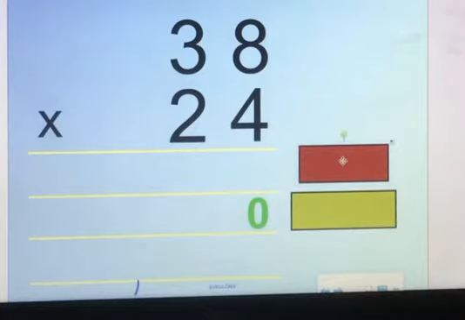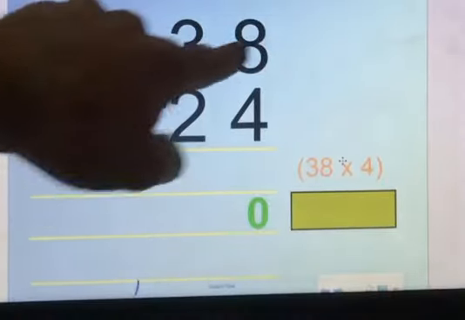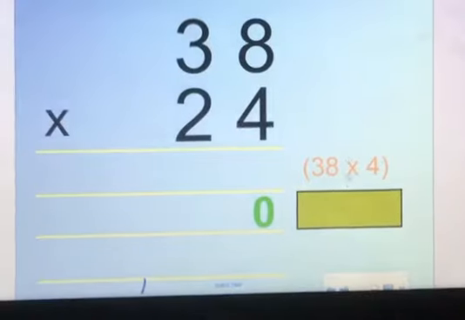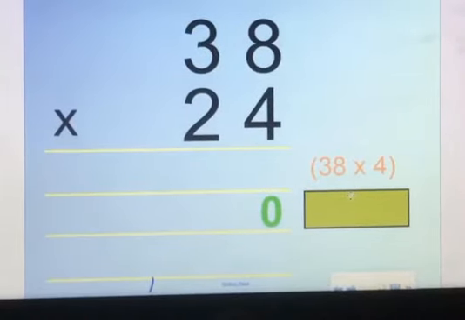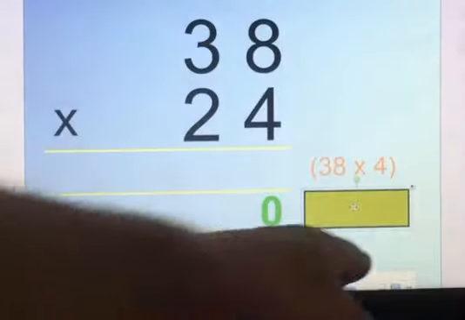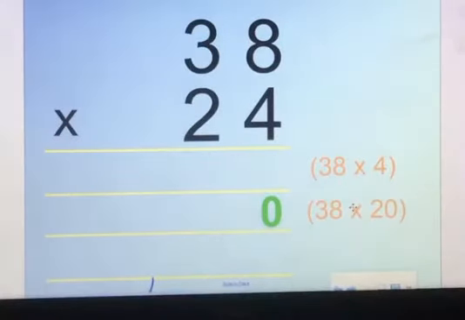And what do you think is under the red rectangle? It's actually 38 times 4. So that means under our other rectangle, it must be 38 times 20. Okay, so we're doing them separately. We're timesing 38 firstly by 4 and then by 20.